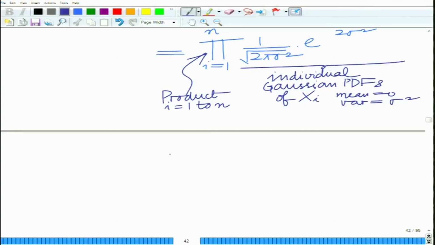If two Gaussian random variables are uncorrelated, they are also independent. This is not true for any general random variable; it is an interesting property that is applicable only for the Gaussian random variable. So, this implies that the Gaussian RVs are also independent.